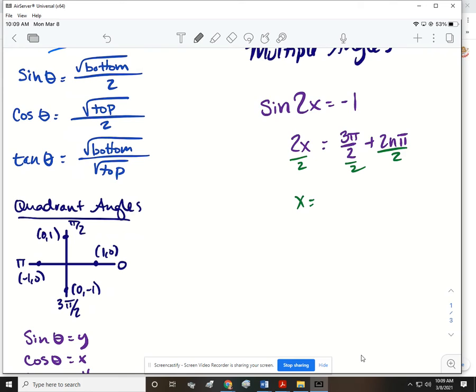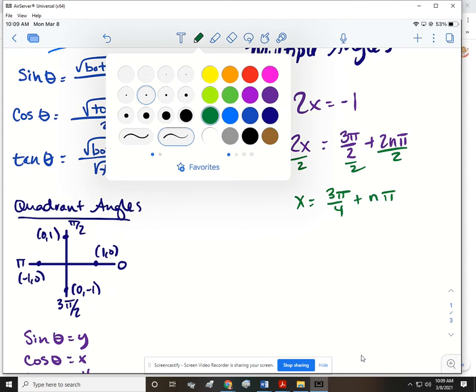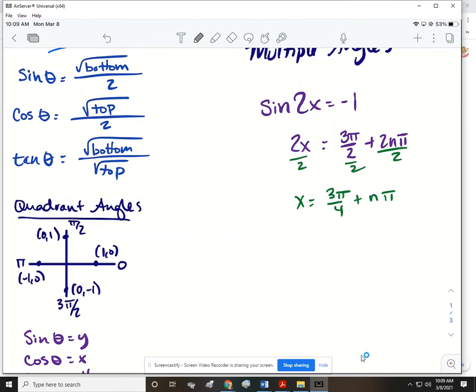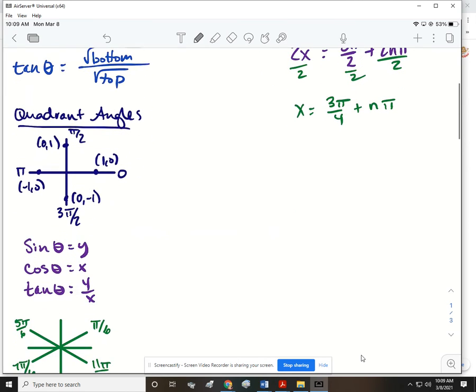So when you take a half and divide it by 2, you get a fourth. And then that, instead of 2n pi, is just going to be n pi. All right, so same rules like the first day that we solved equations. The difference is now we have an extra step where we have to divide, or we may have to multiply depending on how it's set up.